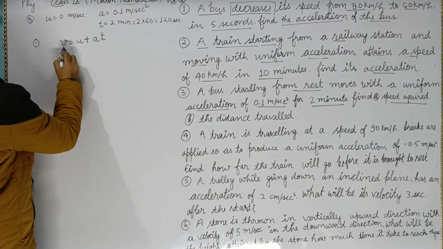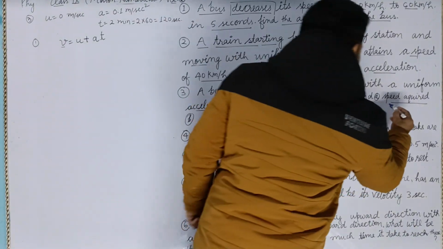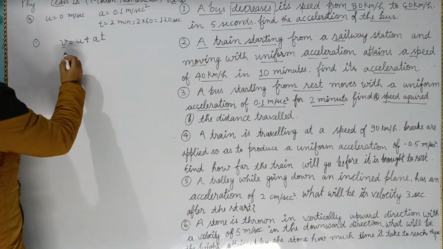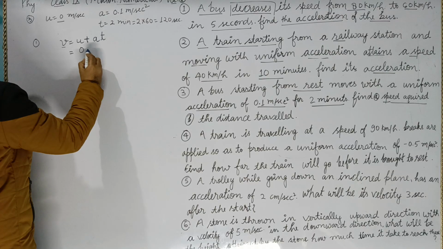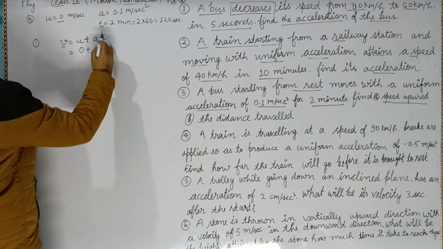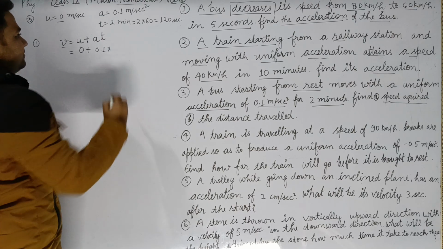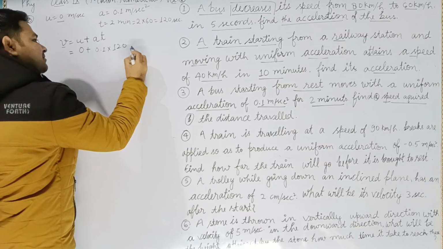We have to find out the velocity acquired in 2 minutes. So we apply u, initial velocity or speed, is 0. Acceleration is given 0.1 and time is given 120 seconds.